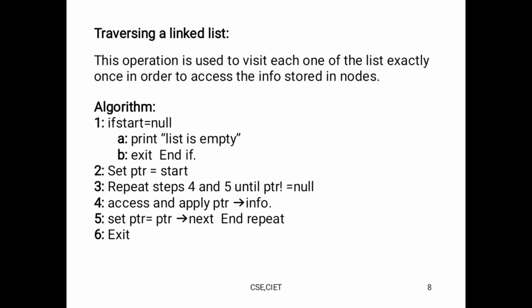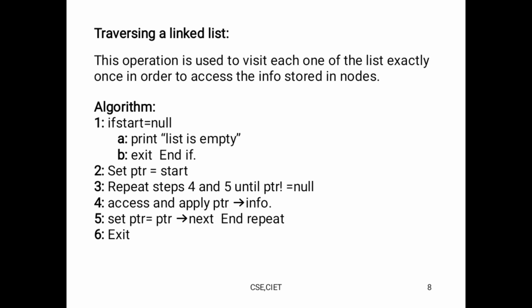Next, PTR means pointer. PTR is equal to start, and we have to repeat steps 4 and 5 until PTR is not equal to null. Here, steps 4 and 5 are: access PTR to information field, whatever element we are accessing, and set PTR equal to PTR next.